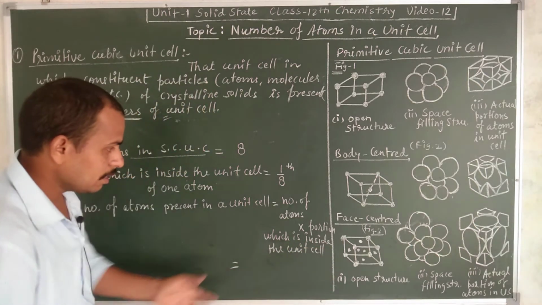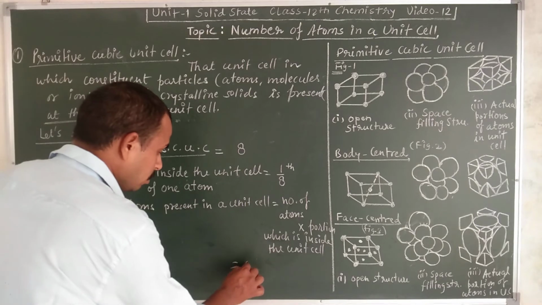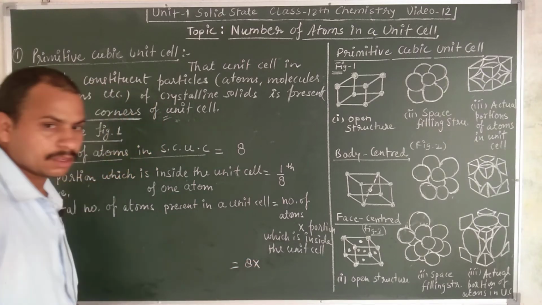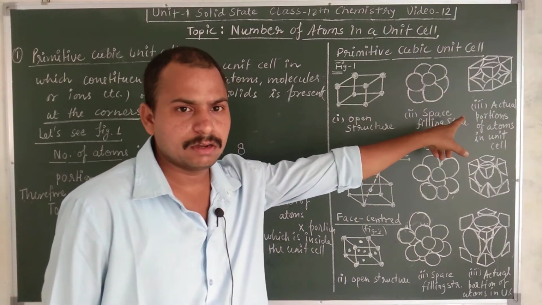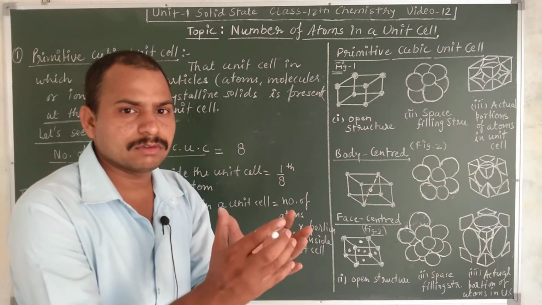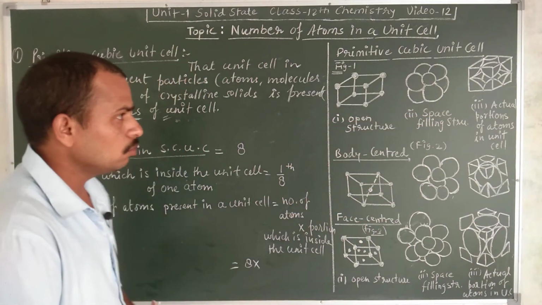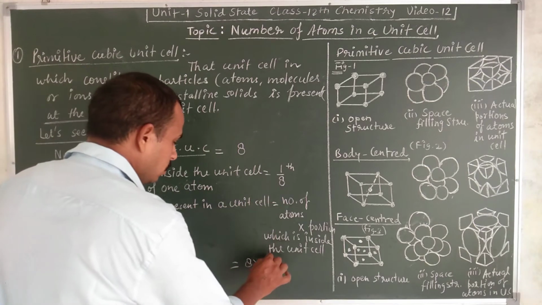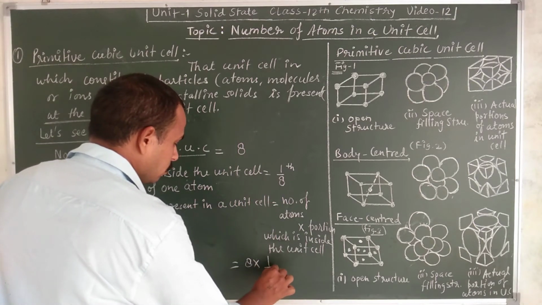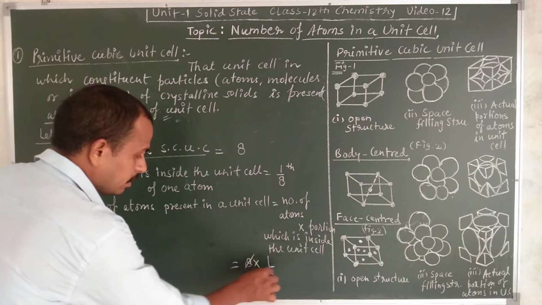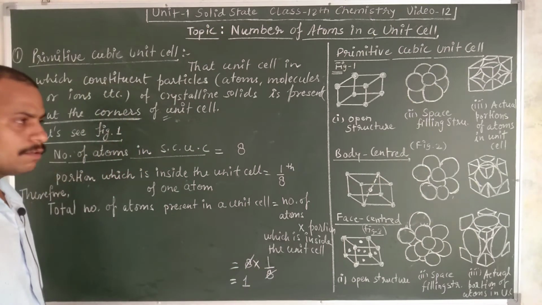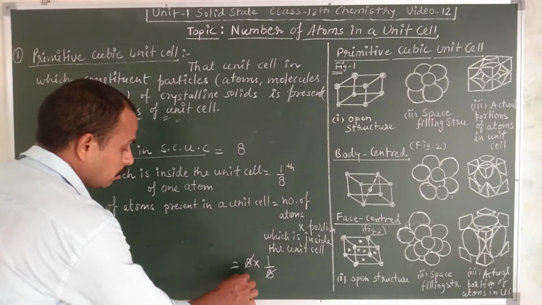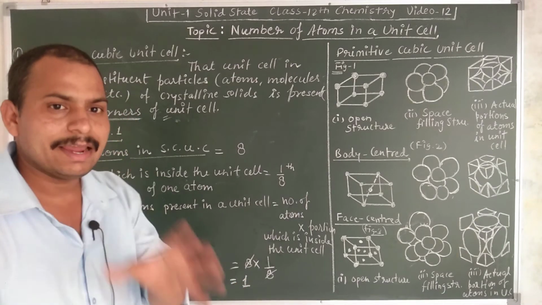We know that the number of atoms is 8 and the portion of one atom inside the unit cell is 1/8. 8 and 8 cancel out. Number of atoms present in the primitive unit cell is 1. Only one atom present.